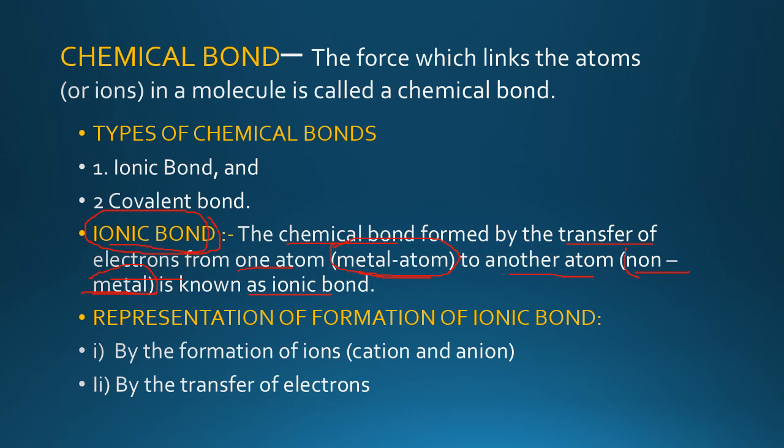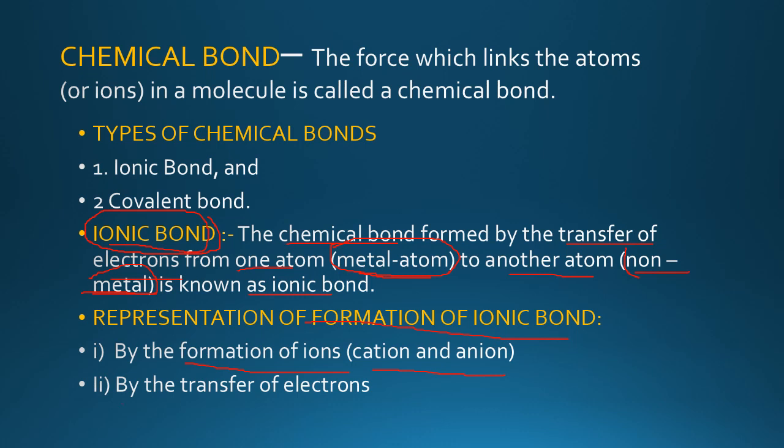Now children, this ionic bond formation can be represented by two different methods. Number one, by the formation of ions, that is by the formation of cation and anion. Already you have learned how cations and anions are formed.